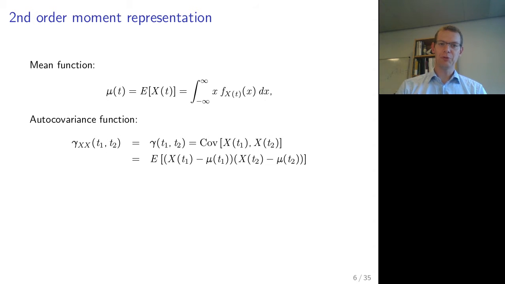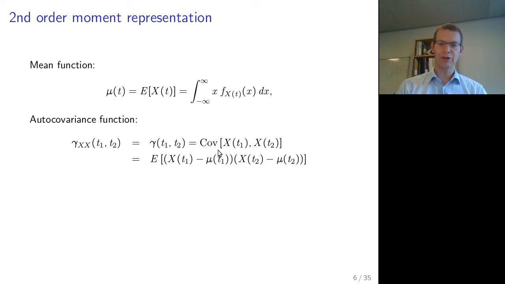To do the second order moment representation, we also need the autocovariance, which includes the variance. The definition here is similar to what you've seen before. It's a covariance between x and not y, but x at two different time points. We can write it in this way, or we can subtract the mean value at the corresponding times. The main thing to notice is that the definition is not covariance but autocovariance.